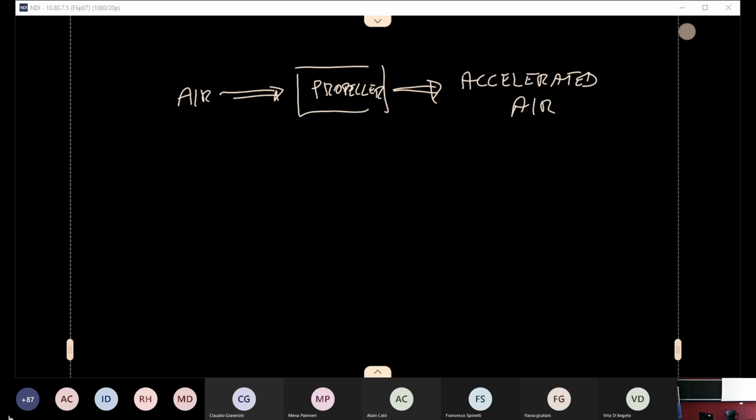These are the propeller-based devices. There's something missing here, of course: an engine that provides the needed amount of energy to the propeller, and of course we need some power source, because nothing is for free.